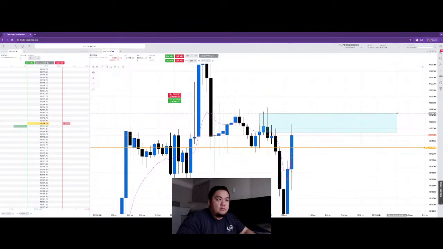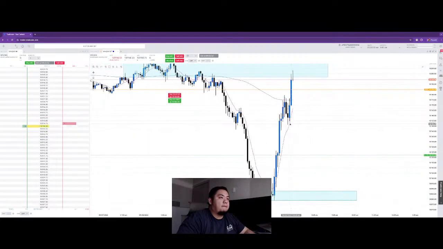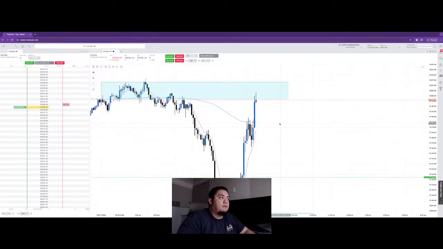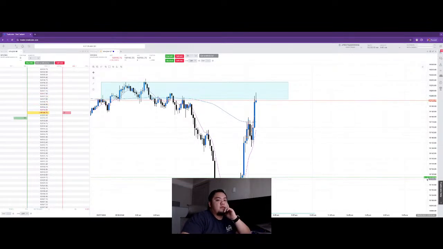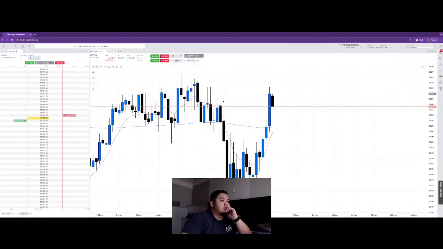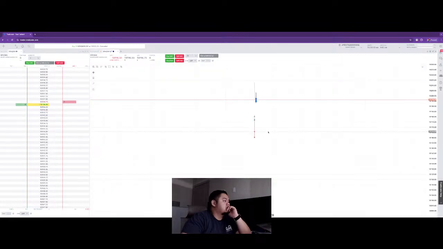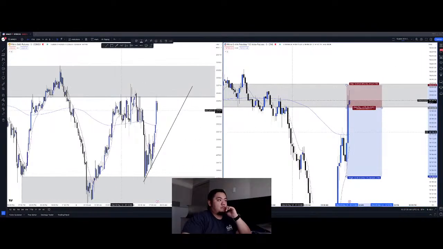Gotcha. Very possible that it still wants to go higher to tap the supply zone that I had drawn up, but we'll see. A little bit concerned with how big this 1 hour candle has been, but I'd like to see it reject and then do the flip and then push further down.